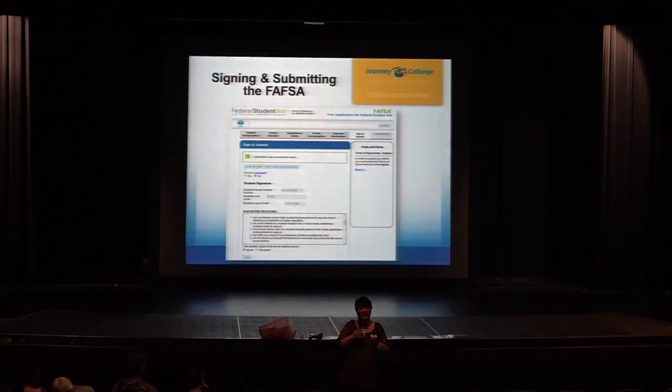It was wonderful. Now, if some problem arises that you cannot use the IRS data retrieval tool and you're having difficulty, that's when I say it's probably a good thing to go to one of those FAFSA frenzies where there'll be experts on hand to help you out. Or you can go to 1-800-4FED-AID.